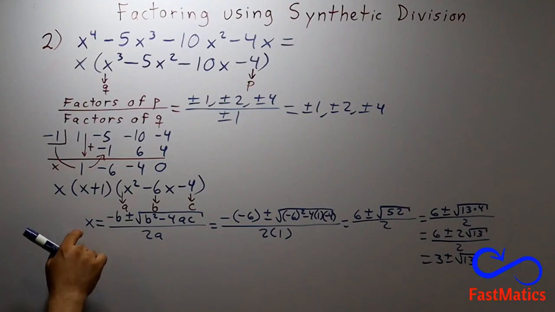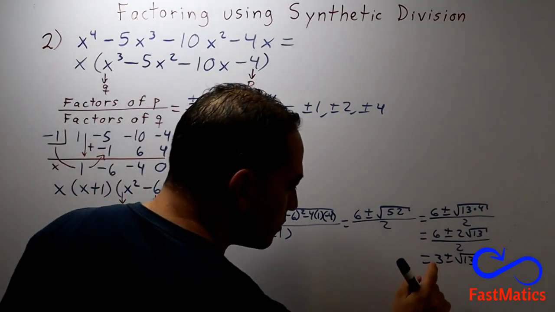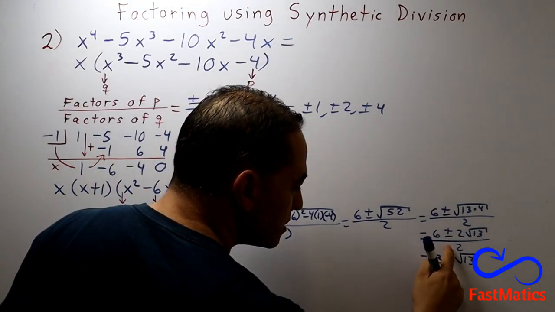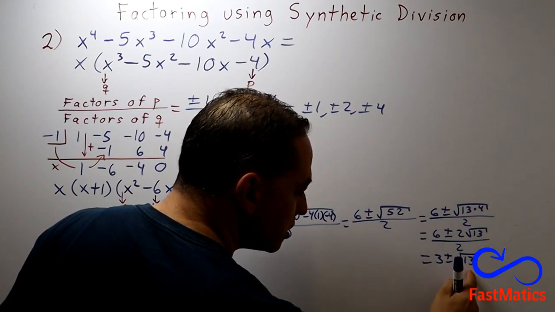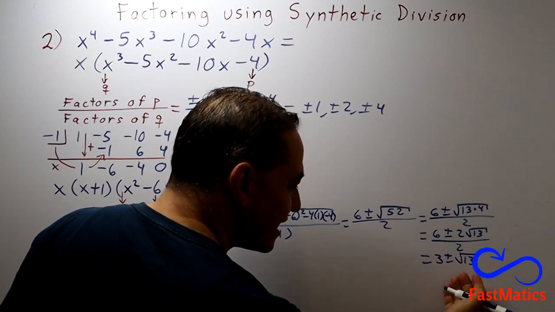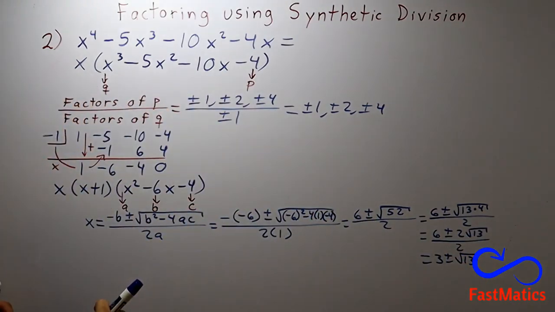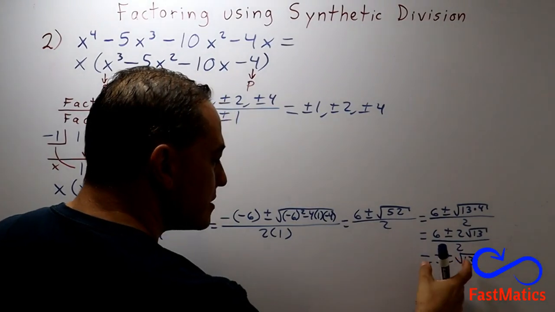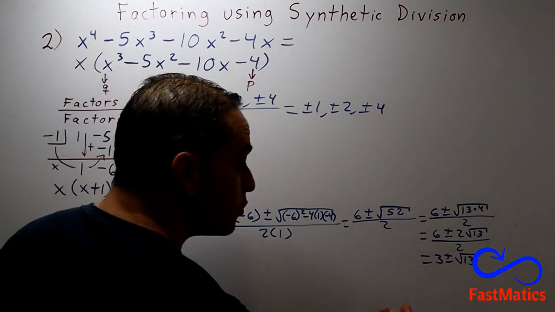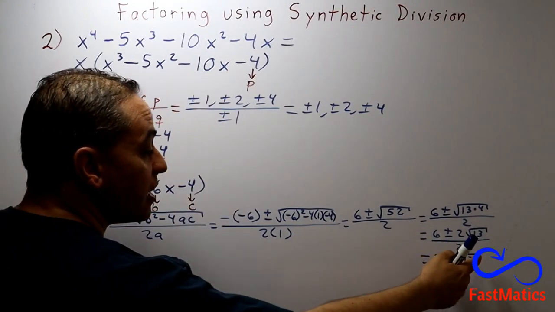Then, if I have x that is equal to 3, positive, negative, the square root of 13, I can pass those terms to the left side. Then I get the x, and if I pass those terms, will change their signs.